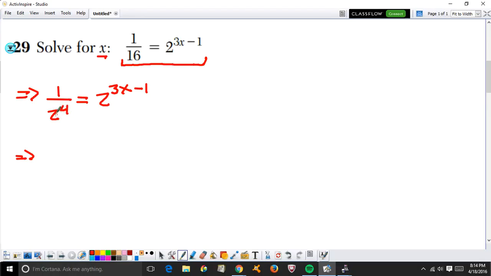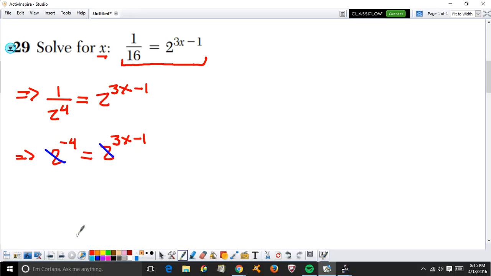But notice that the bases have to be in the same position; you cannot have a denominator 2 and a numerator 2 if we want to cancel them out. So how do we bring a denominator as a numerator? We put a negative on that exponent. So we can rewrite as 2 to the negative 4 equals 2 to the 3x minus 1. So now notice that we have the same base. Both of them have base 2.